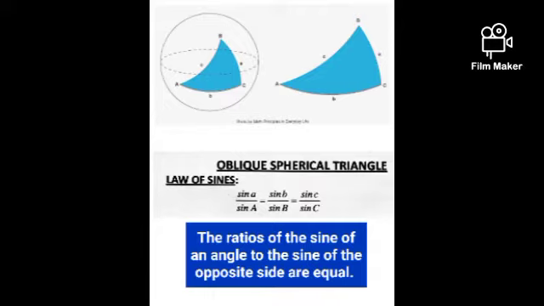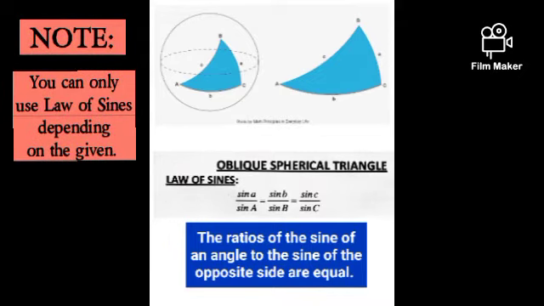We have the ratio of the sine of side small a to the sine of the opposite angle capital A, and this ratio is equal to the ratio of the sine of side small b to the sine of the angle opposite side small b, angle capital B. And these first two ratios are equal to the ratio of the sine of the third side small c to the sine of the angle opposite small c, denoted by capital C. This is the law of sines for oblique spherical triangles.